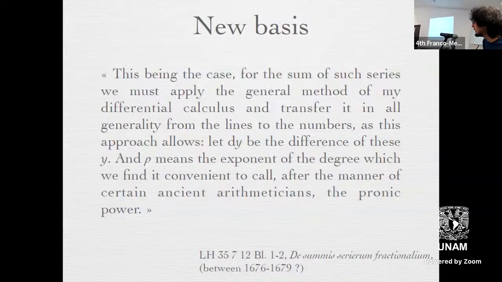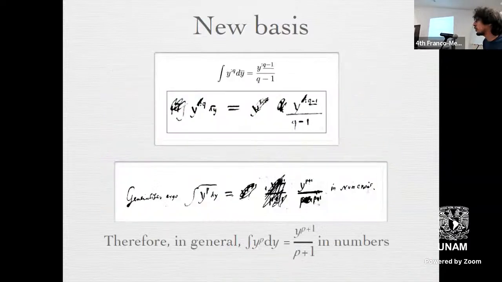In this draft, Leibniz shows that with this notation, you can find the same property he knows in differential calculus for curves. That is, the integral of y exponent p is y exponent p plus 1 over p plus 1.